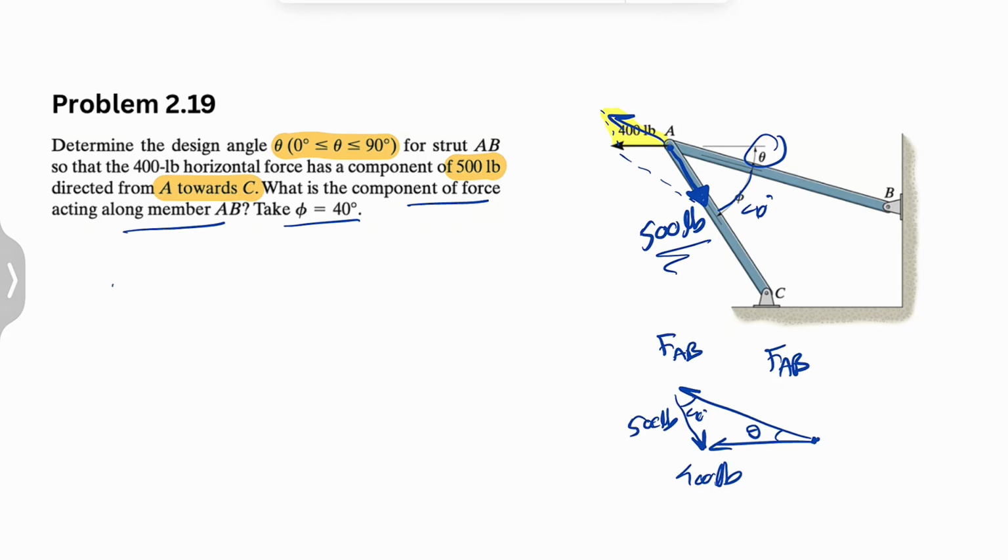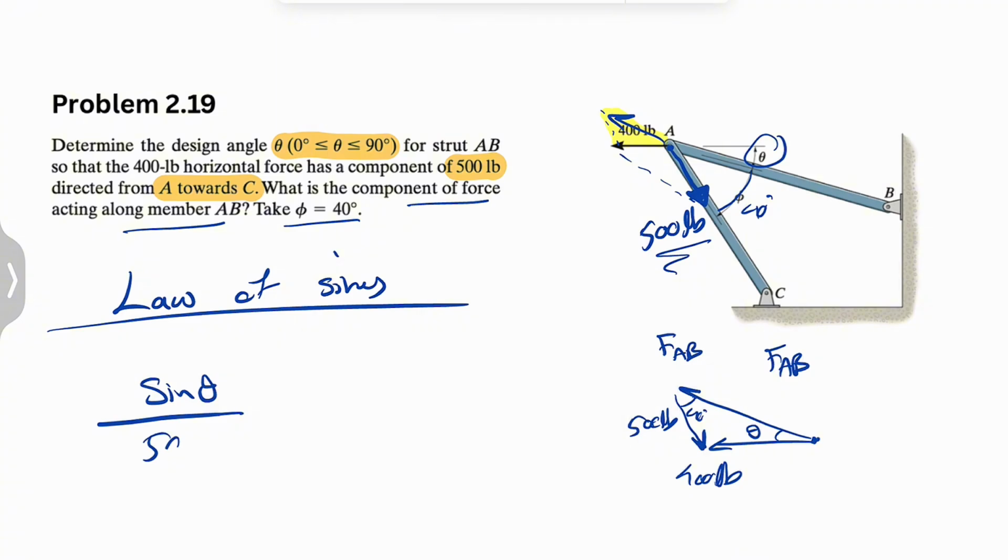So it's easy enough to find the theta now based on the law of sines. If we use the law of sines, we're gonna have sine of theta over the side that is facing that angle, 500, equals sine of 40 degrees over 400 pounds.